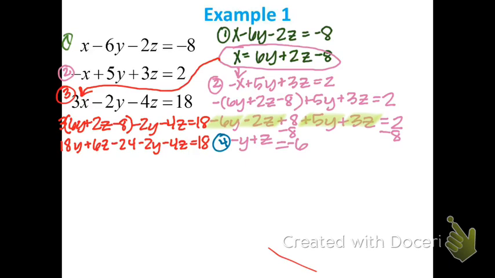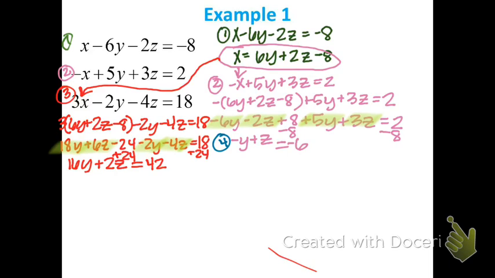Combine like terms. 18y and negative 2y is 16y. 6z and negative 4z is a positive 2z. Then I'm going to move my constant over, so 18 plus 24 equals 42.